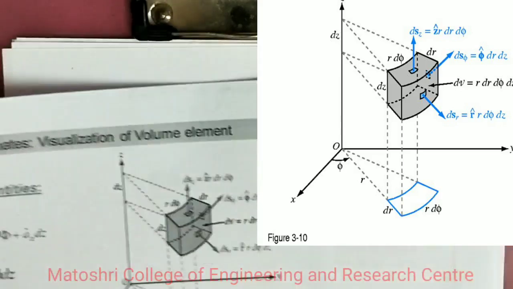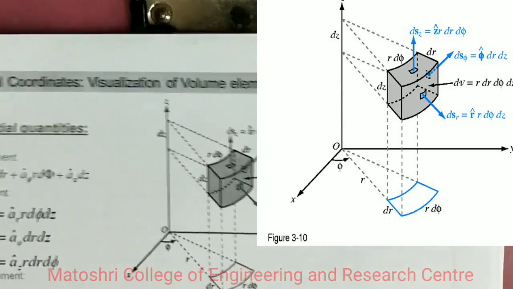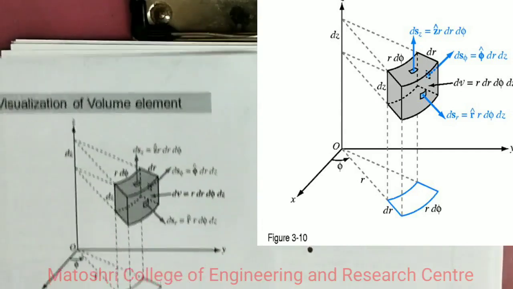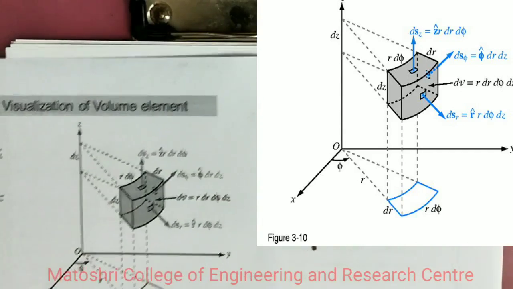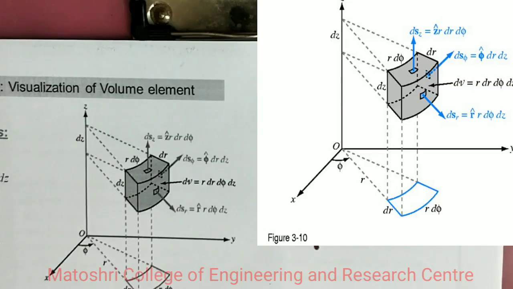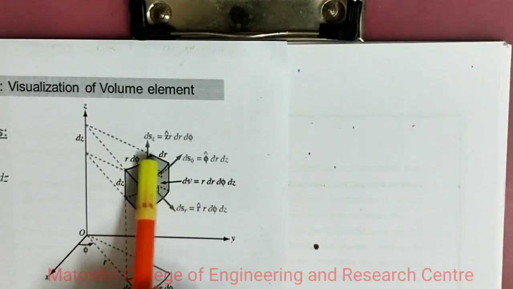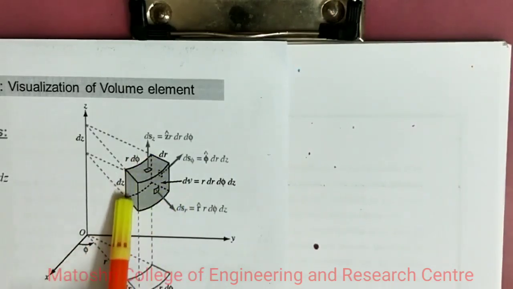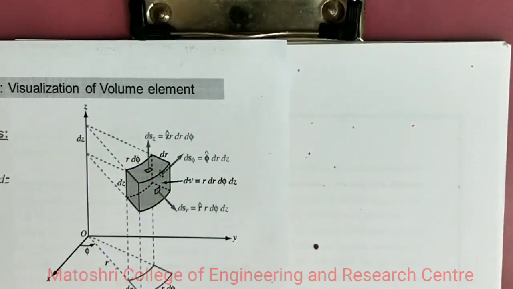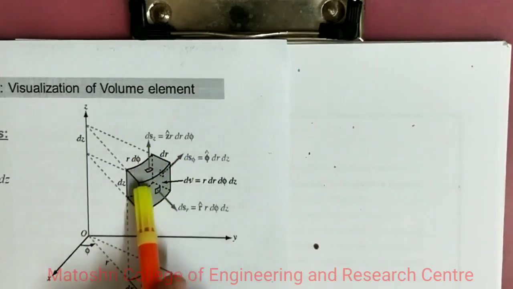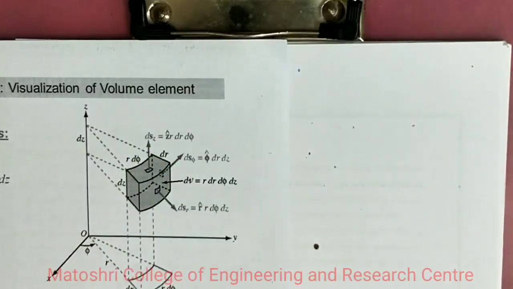Okay. Over here you may see this differential volume in the case of a cylindrical coordinate system. Along the radius of the cylinder the radius is varied, the angle phi is varied, and the height z is varied. Whatever differential volume you are getting will have three different lengths associated with it.